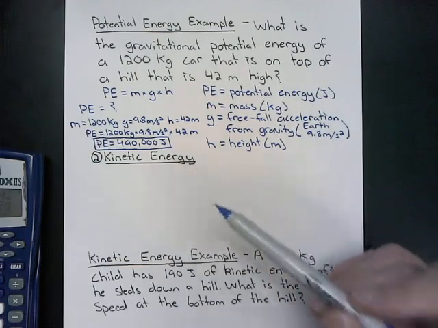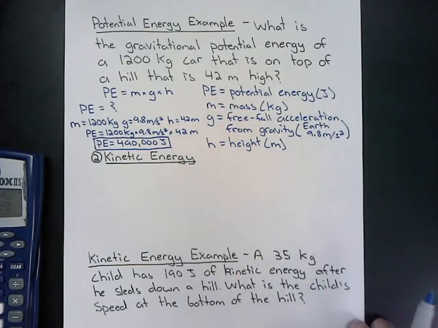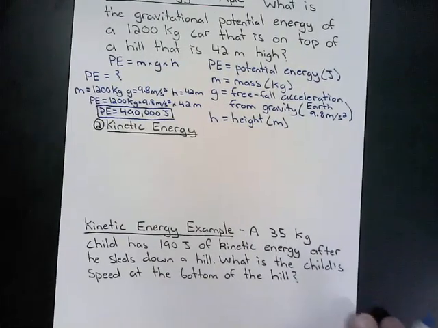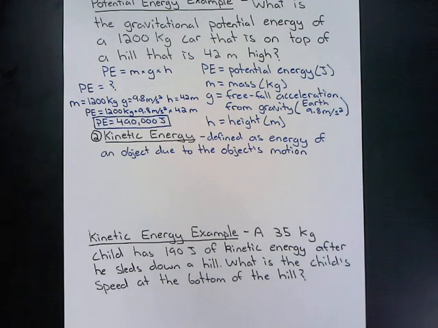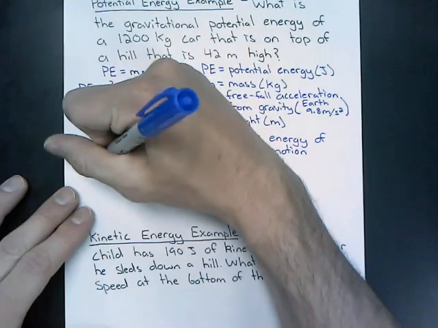Moving on here to our second type of energy, this right here is our kinetic energy. Now, kinetic energy is just simply defined as the energy of an object due to the object's motion. So, with our kinetic energy, there is a couple of things to note here. Number one, an object in motion is both doing work, or has the ability to do work, and has kinetic energy. So I'm going to put this.